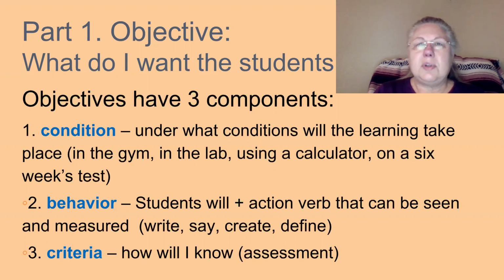How do you know they will understand? Well, it's going to be through that action verb of either writing or listing or labeling or drawing, something like that, or creating. You have to be able to see it and measure it. So that's your measurable action verb. And then what is it you are measuring? What kind of content are you looking at, the weather cycle or the water cycle? Are you looking at the life cycle? Are you measuring how many beats in a quarter note or eighth notes? What is it that you're measuring?